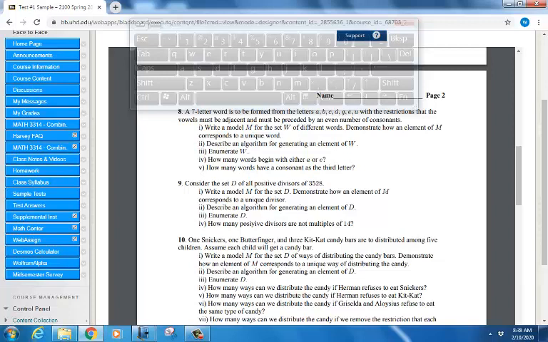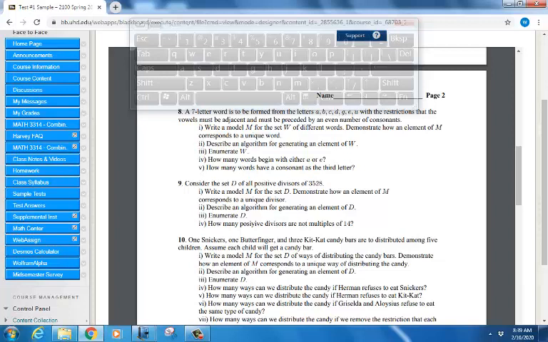Part 2 says, describe an algorithm, a series of steps, like a computer program, that you can use to create an element of this set W. What would be a series of steps that you could use to put together a word from this set?